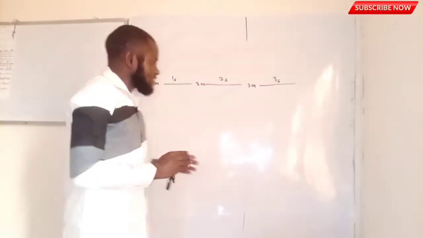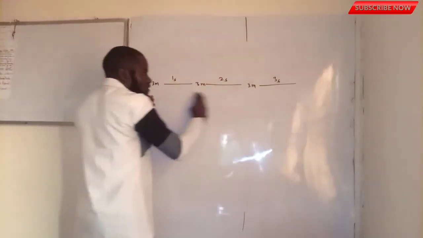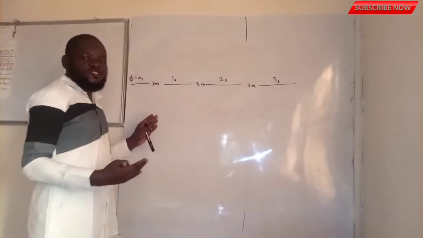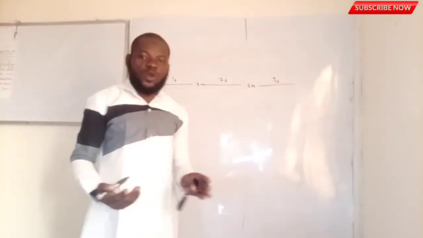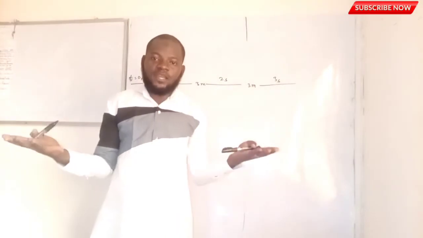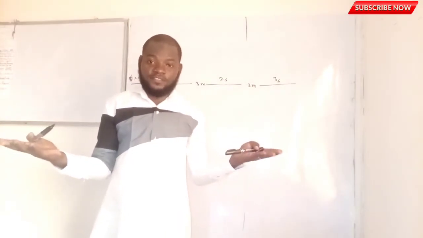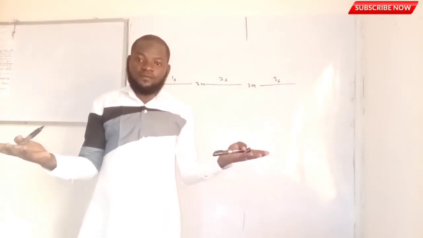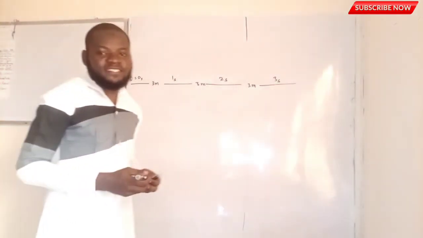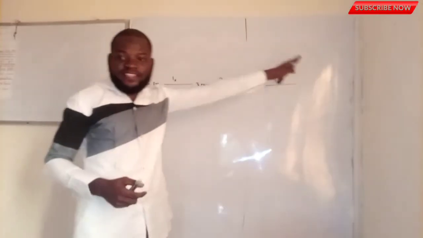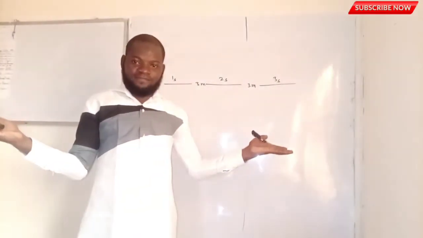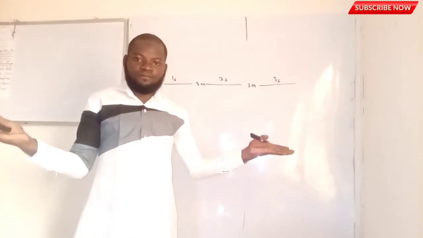Once the distance is regarded on a straight line like this, it will have the same value as displacement. Are we together now? Because once the direction is just straight, then there is no shortcut. Is that taken out?